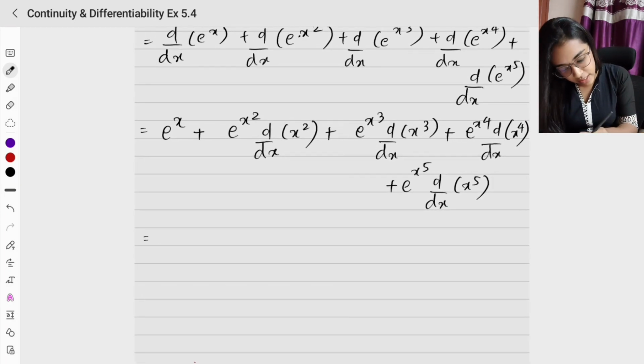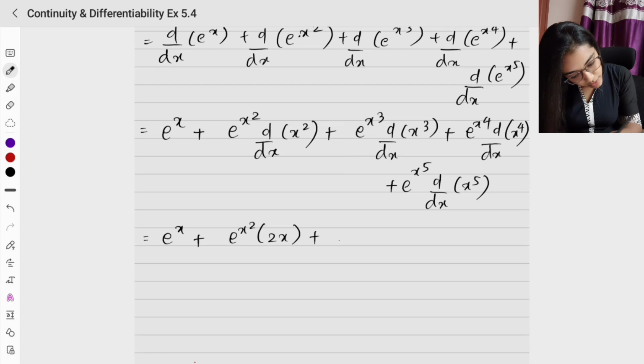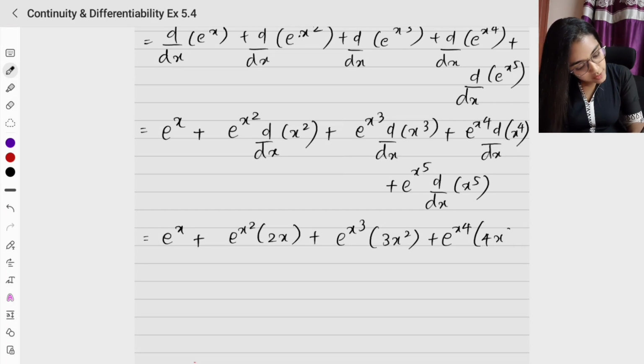Next step enna, e to the x plus e to the x square times d by dx of x square is 2x, plus e to the x cube d by dx of x cube is 3x square, plus e to the x power 4 d by dx of x power 4 is 4x cube.